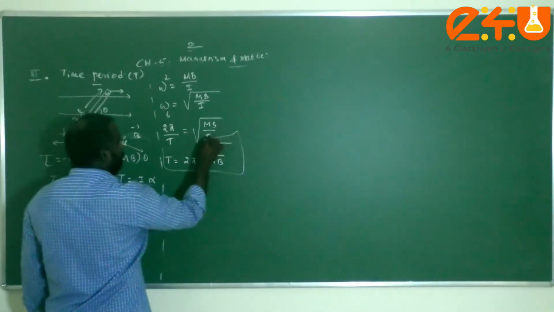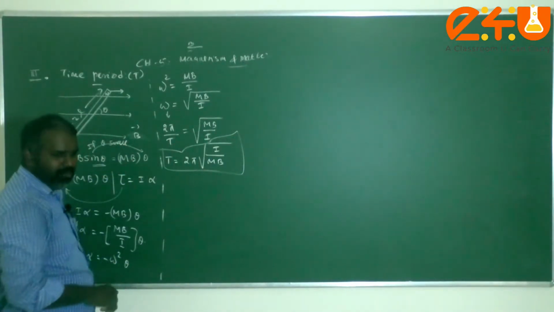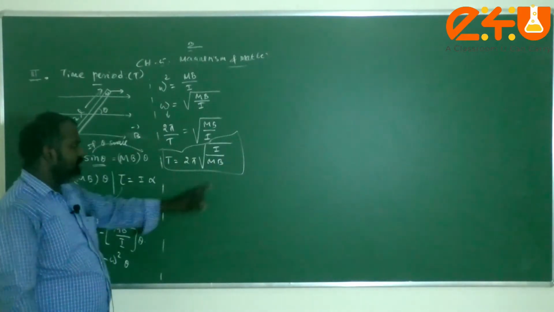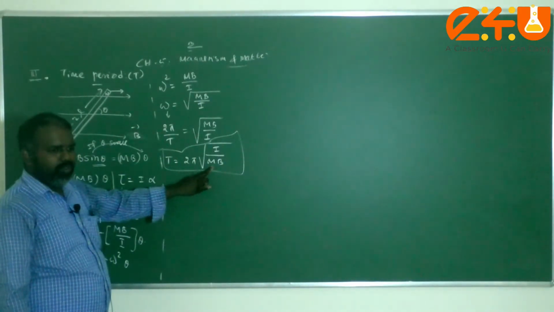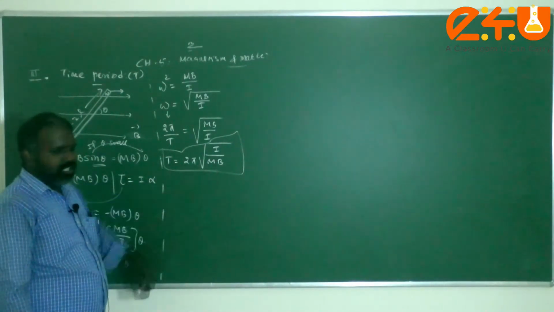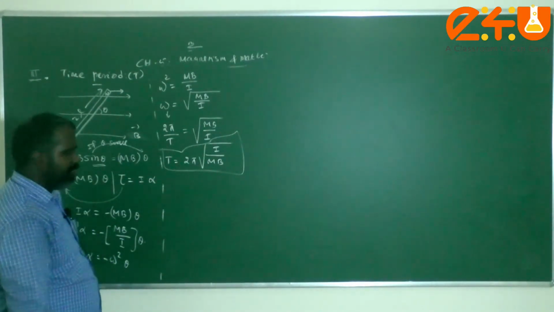This is the required time period expression, where I is the moment of inertia of the bar magnet, M is the magnetic moment, and B is the external magnetic field.